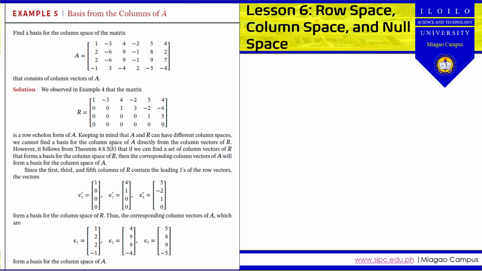So they form a basis for the column space of R. So there are 3 bases. Thus, the corresponding column vectors of A, which are these vectors, form a basis for the column space of A.